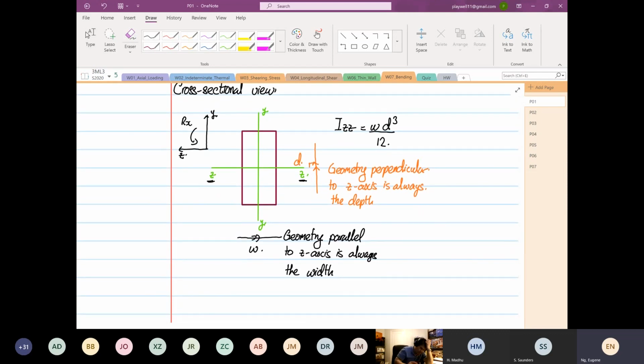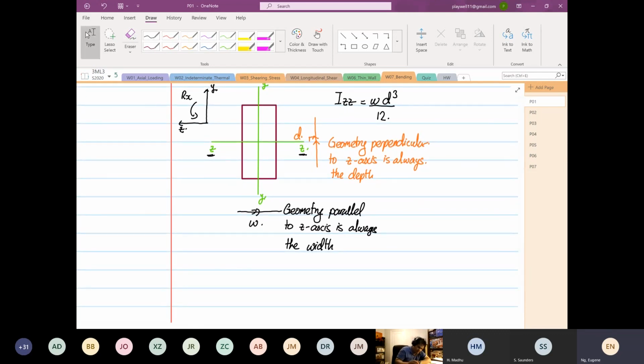So from here, we know that this is 12 millimeters, and the depth is 20 millimeters. So we can immediately calculate our IZZ: the width is 12, the depth is 20, power 3, divided by 12.